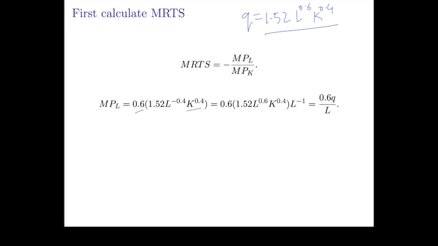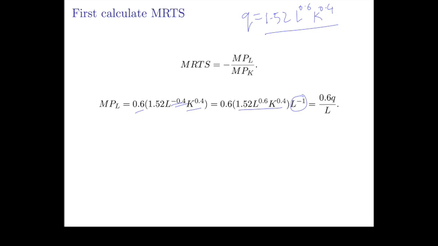The K to the 0.4 is also a constant with respect to L, times L to the 0.6 minus 1, which is negative 0.4. If we simplify this, we're going to pull out the L to the minus 1. So we get 0.6 times 1.52 L to the 0.6 K to the 0.4 times L to the minus 1.